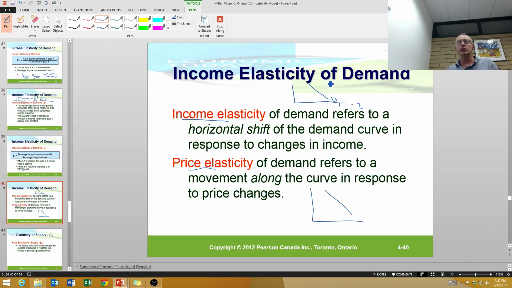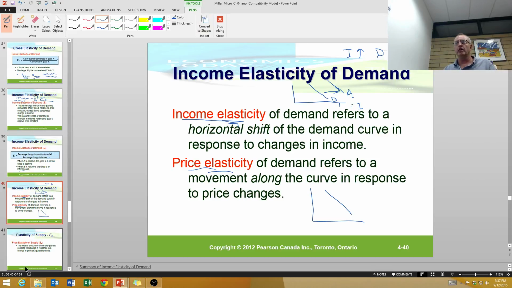With a normal good, as income goes up, our demand goes up, so it's the demand curve itself that shifts, to demand 2. The concept of elasticity is a little bit different because one deals with a shifting curve, and the other is a movement along the curve.